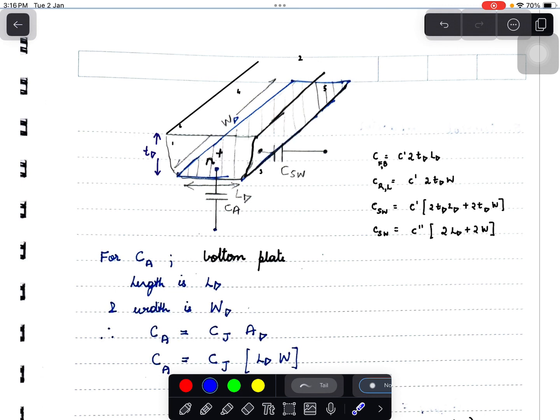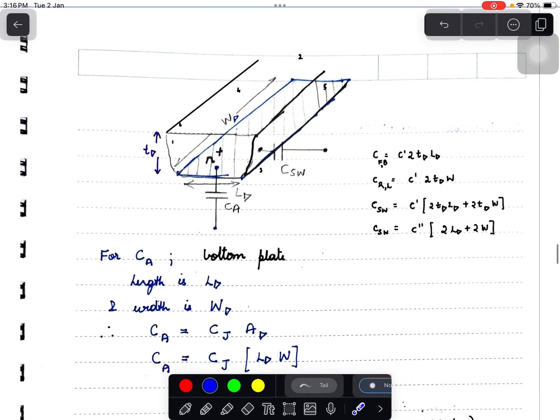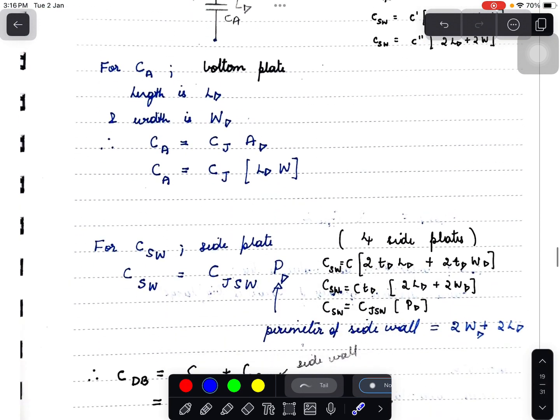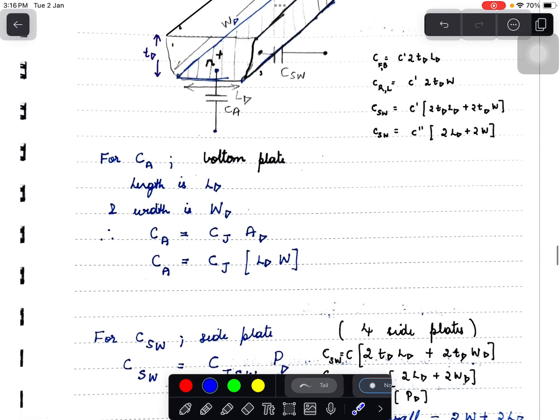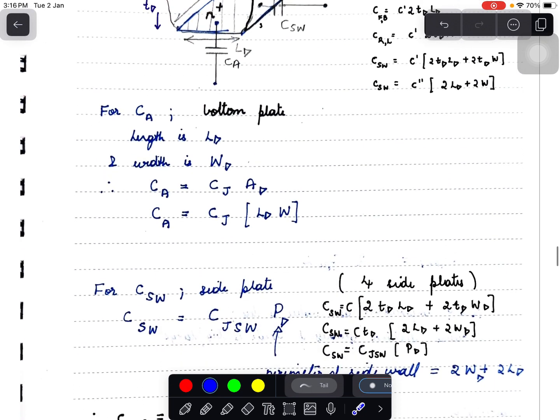So the capacitance CA equals CJ times AD, where A is the area of the bottom plate, that is length times W. For the remaining side plates, that is the front, the back, the right side plate and the left side plate, the equation is CSW equals CJSW times PD, where PD is the perimeter, which equals 2 times WD plus 2 times LD.